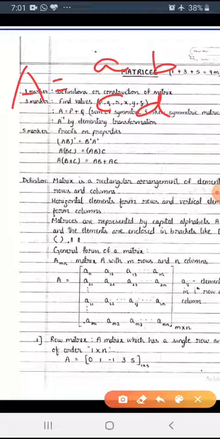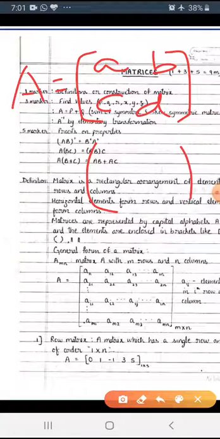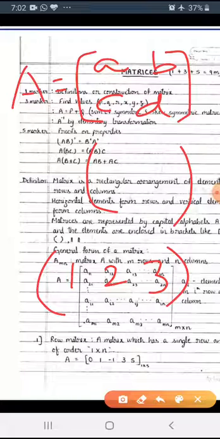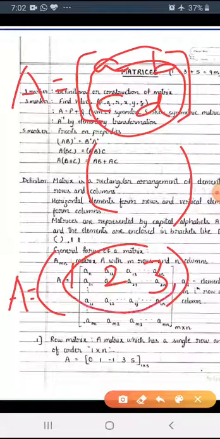These elements are enclosed by brackets. Now I am writing only one row and three columns. So it is also one matrix, but each and every matrix is denoted by a capital letter or any alphabetical letter, and the elements are denoted by small letters.